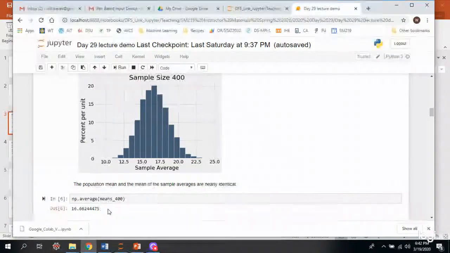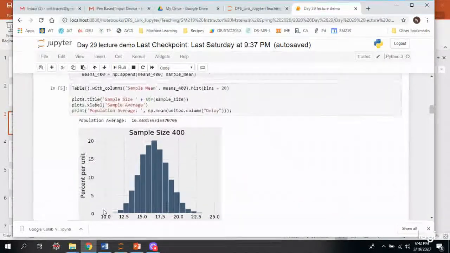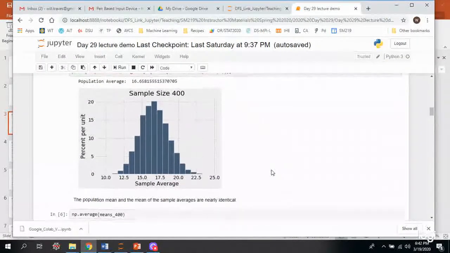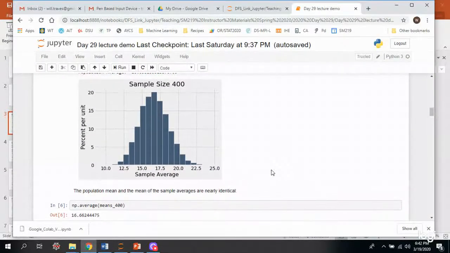The average of these 10,000 different size 400 sample averages is 16.66 as opposed to 16.65. So it's a pretty accurate, or maybe I should say it's an unbiased estimate of the population average.